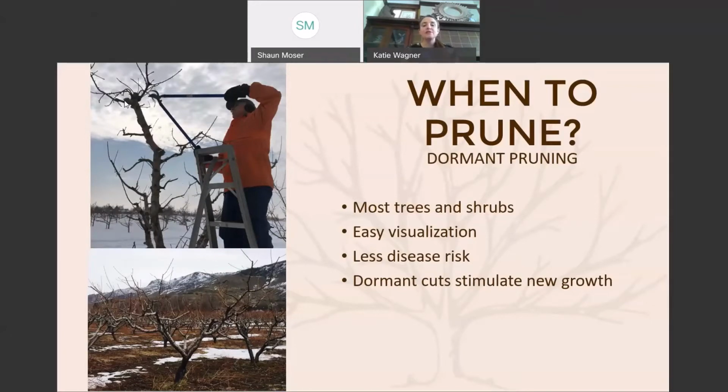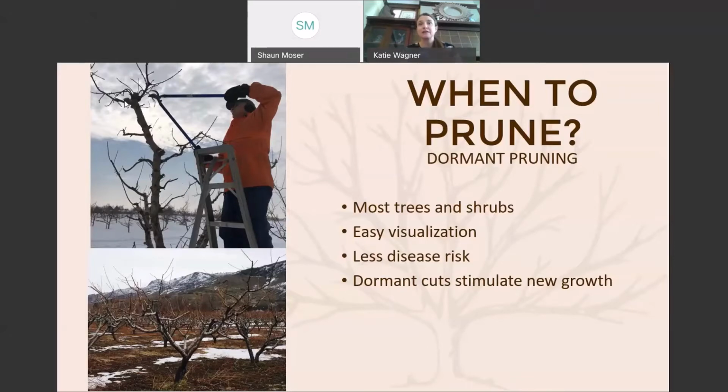A very easy visualization of the tree, which is super important because with fruit production, we're doing a lot of pruning for form and shape. Also, we talked about it last time, but there are a lot fewer insect pests and diseases floating around. As we prune, we're creating wounds on that plant.